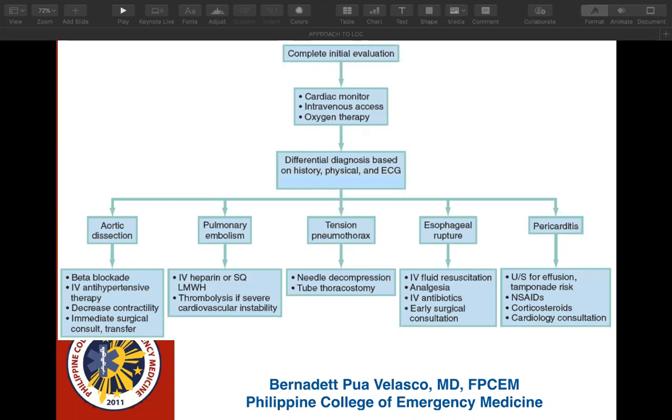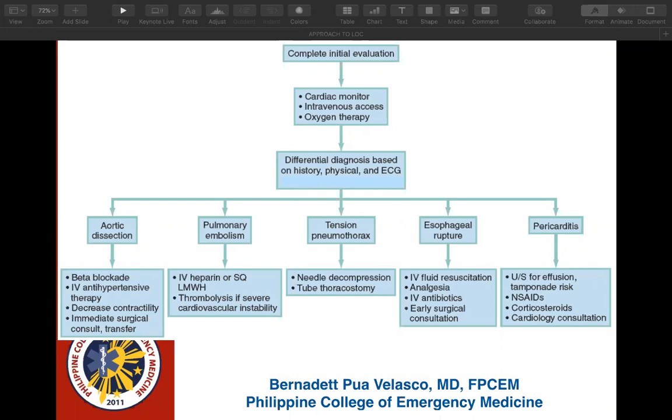To manage pericarditis, to make sure that it's really a pericarditis, you can do an ultrasound. If there is effusion or tamponade risk, you can start with NSAIDs, corticosteroids, or you can get a cardiology consultation.